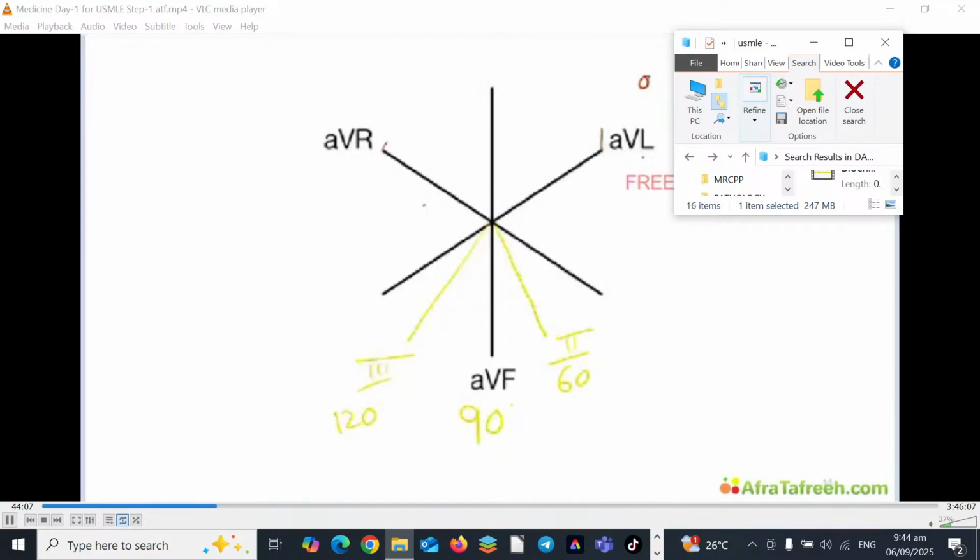The AVL electrode is your left side, which is this one. It is here. And here was your 0 degrees. That is your lead 1. We said anything above 0 degrees would be negative. What would be the difference between AVL and lead 1?